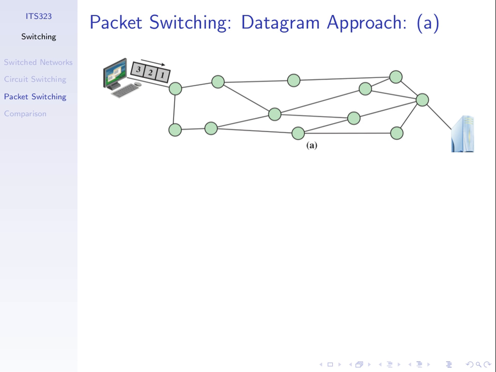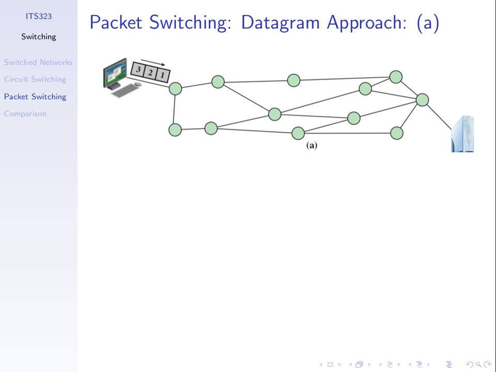In the application message we had 3 packets, so this is the first packet. The next one, destination, is also F, sequence 2, and the third one will be sequence number 3, to indicate to the receiver that these need to be put back into some order.